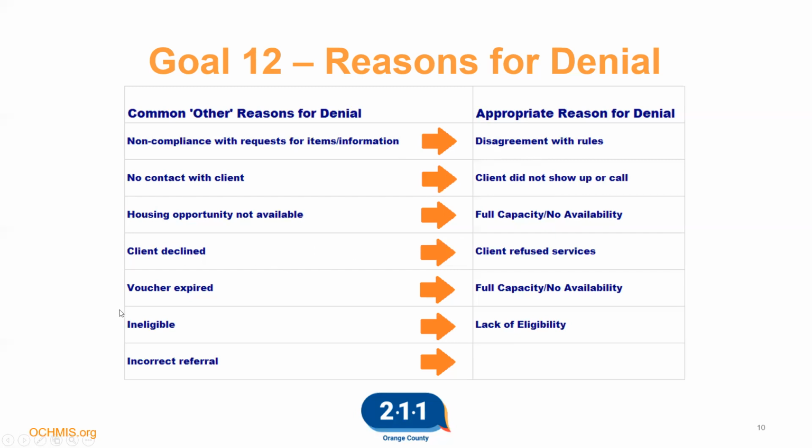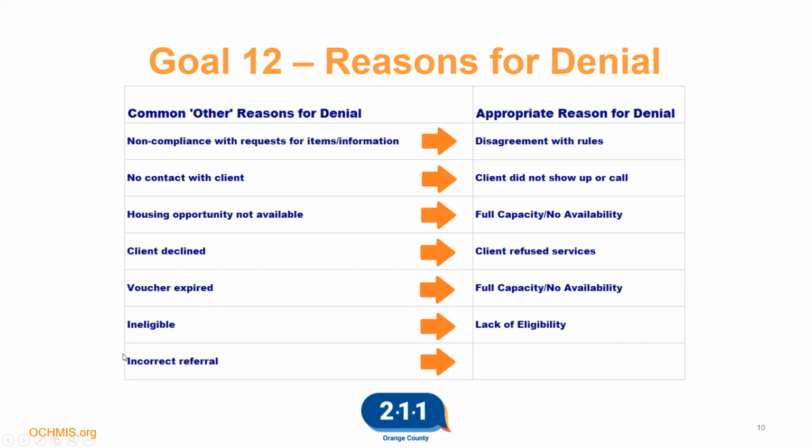The voucher expired, I put it under full capacity or no availability, but I'm open to thoughts on that one. The reason I chose that is if the voucher expired, it's no longer available for the client to use. And ineligible should be lack of eligibility.